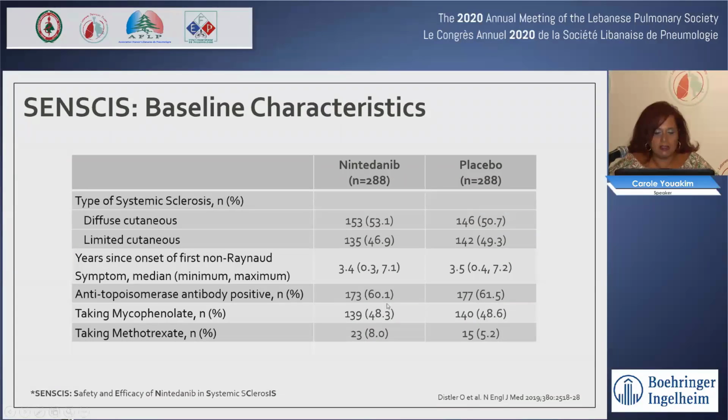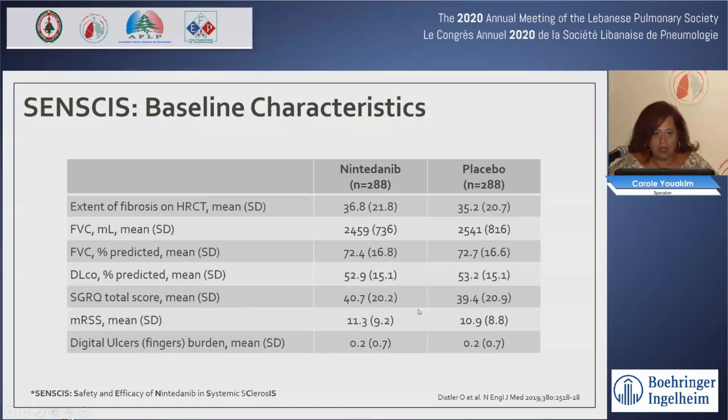Baseline characteristics were similar in both groups, nintedanib group and placebo. 53% of the patients had diffuse cutaneous systemic sclerosis. 60% had positive anti-topoisomerase 1 antibody, and 48% of the patients were taking mycophenolate in both groups.